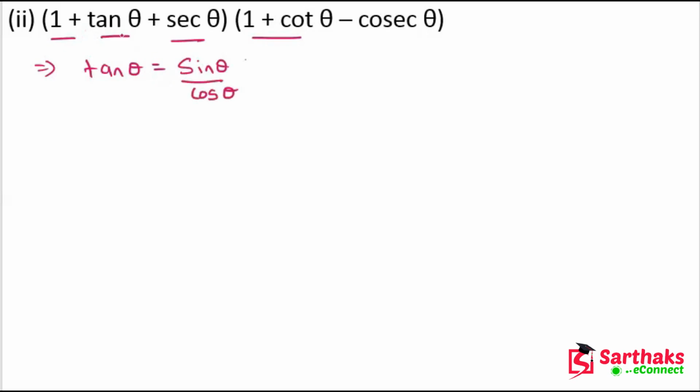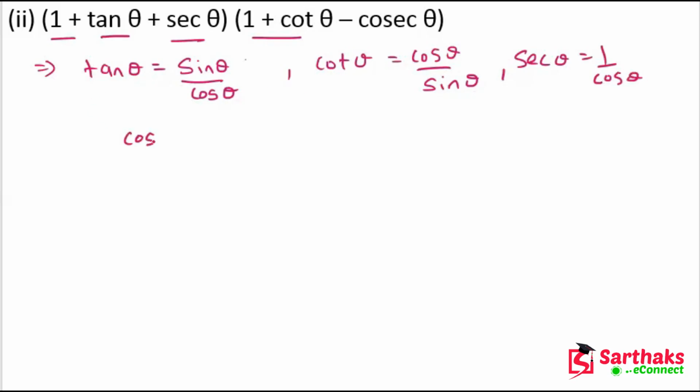Now convert these in terms of sin and cos theta. We know that cot theta is equal to cos theta divided by sin theta, sec theta is equal to 1 upon cos theta and cosec theta is equal to 1 upon sin theta.